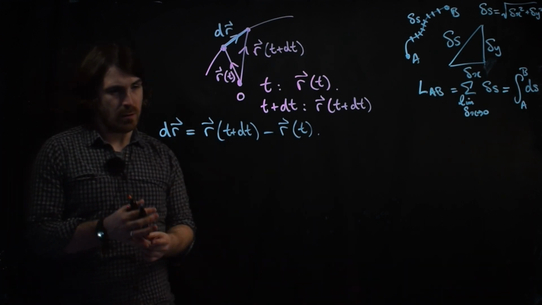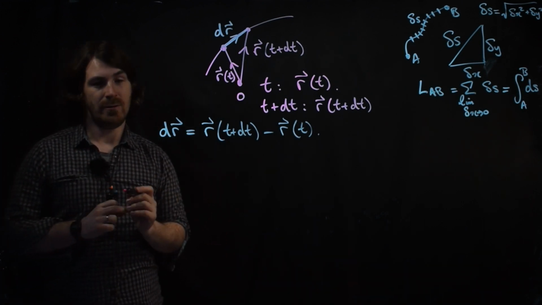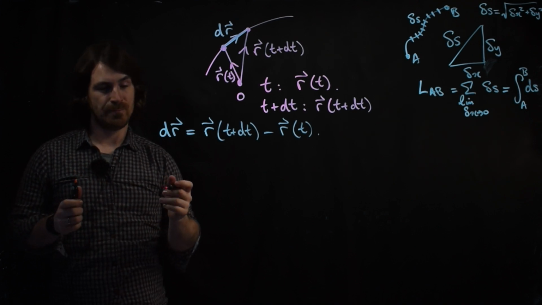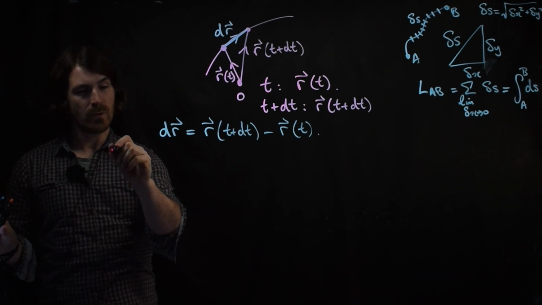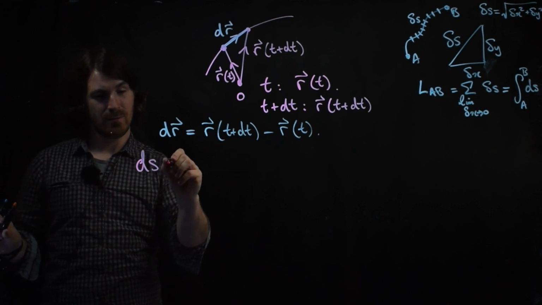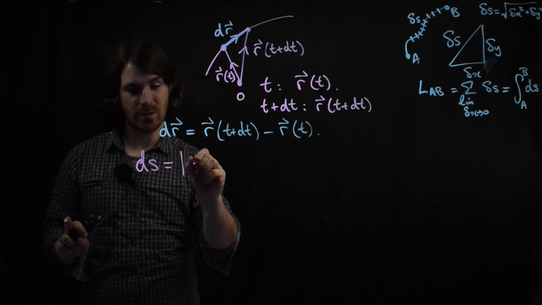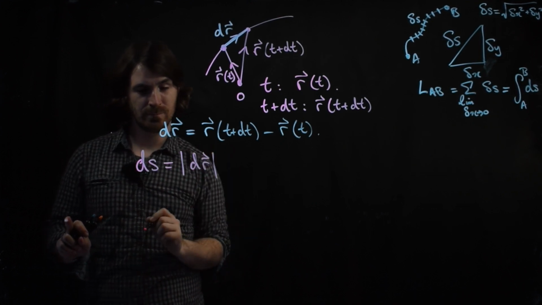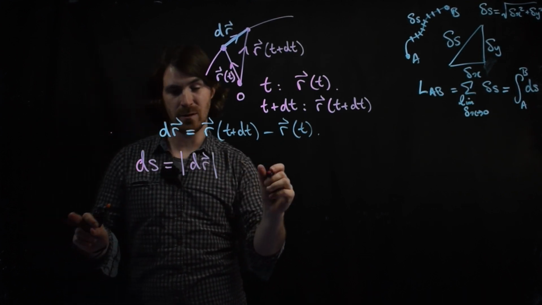Now we can define the element of length. It's defined as the magnitude of this dr. This is the element of length.